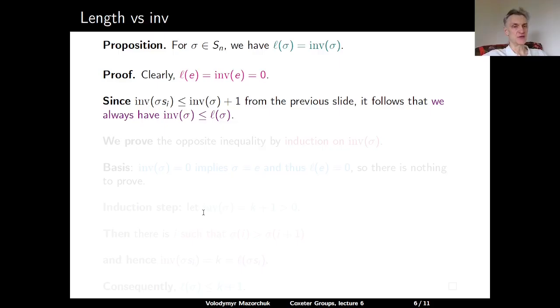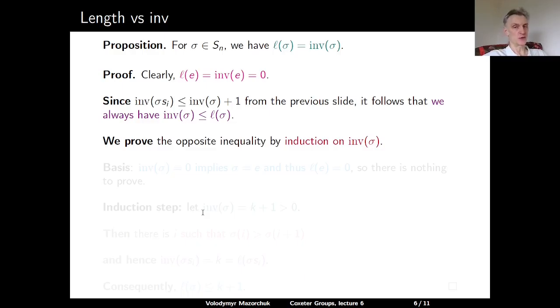On the previous slide, we saw that the number of inversions for sigma Si is always less than or equal to the number of inversions for sigma plus 1, because it's either plus 1 or minus 1. And from this it follows that the number of inversions for sigma is less than or equal to the length of sigma simply by induction.